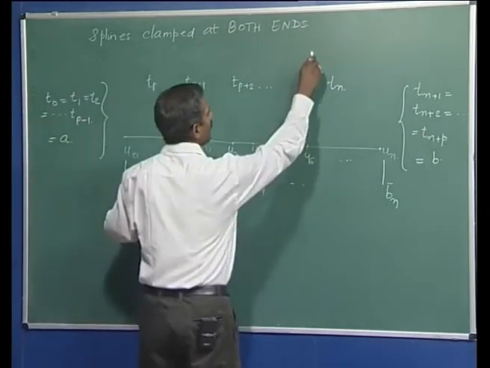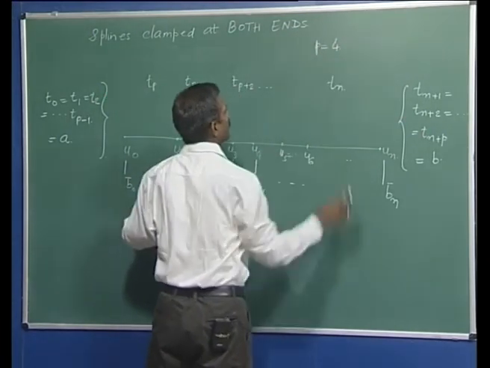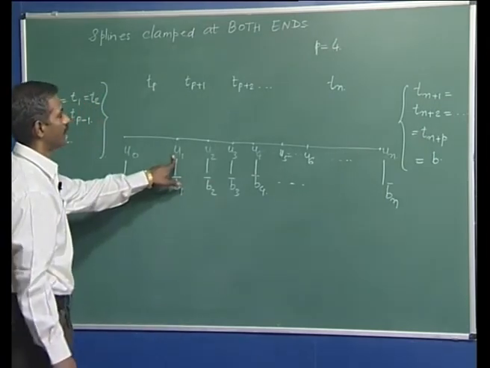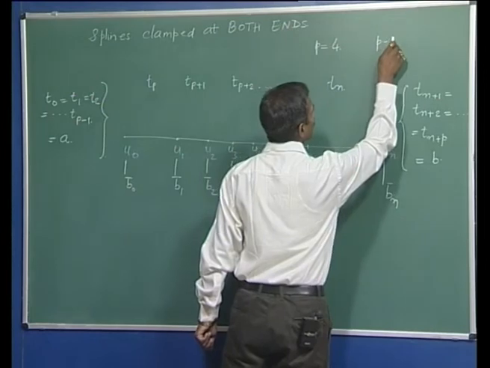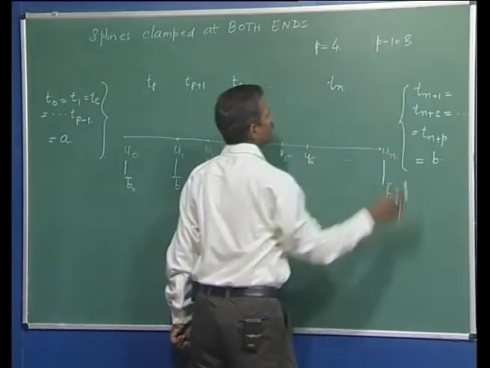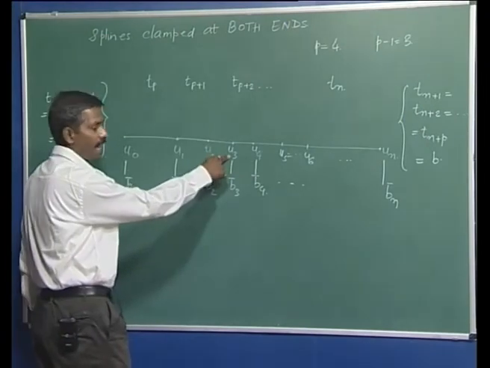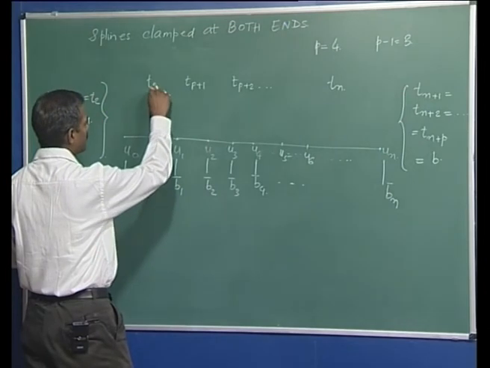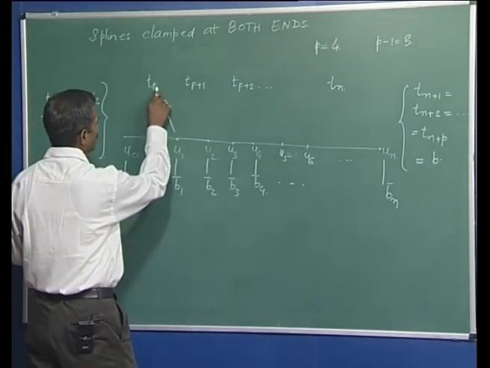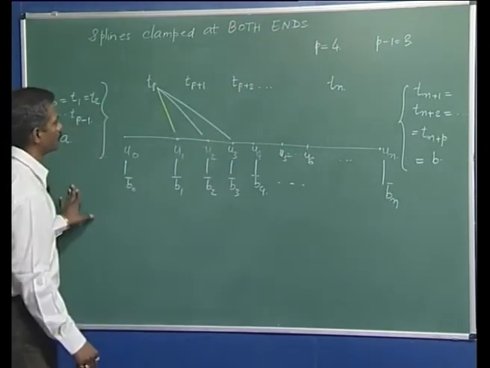Let's say if p equals 4 in our case, then we'll have to be choosing p minus 1 equals 3 parameter values at a time and averaging them out. So for instance, Tp would be the average of u1, u2, and u3.